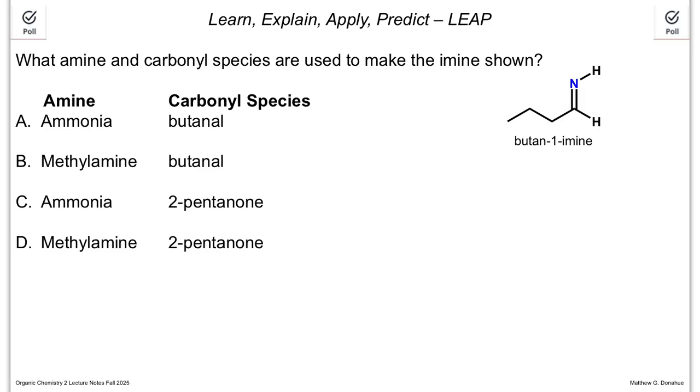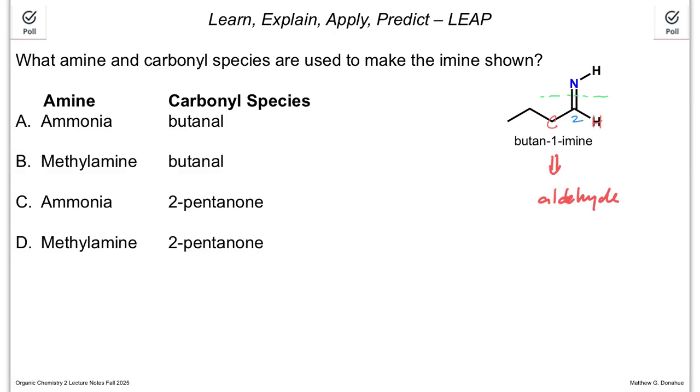So we kind of did this already, but I'll dissect it again. So I want to dissect the double bond. That carbon was oxidation state 2, so it has to come from a carbonyl. The fact that we have a carbon and an H means that the carbonyl belongs to an aldehyde.